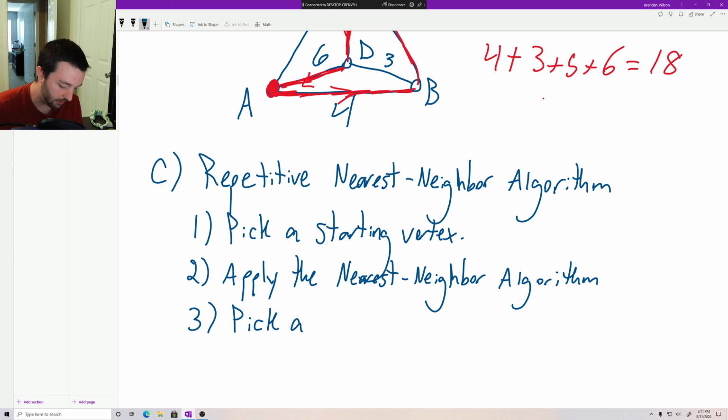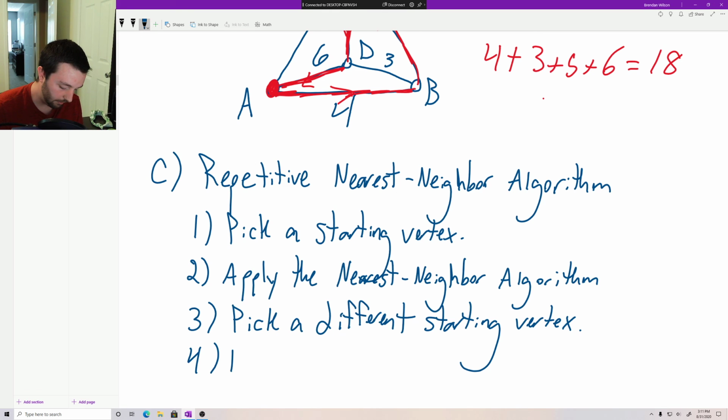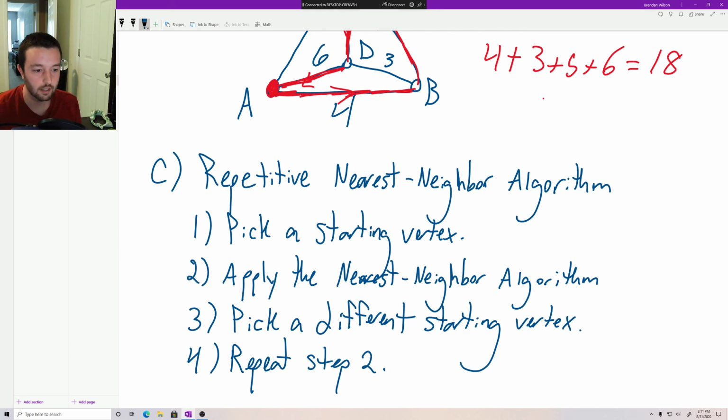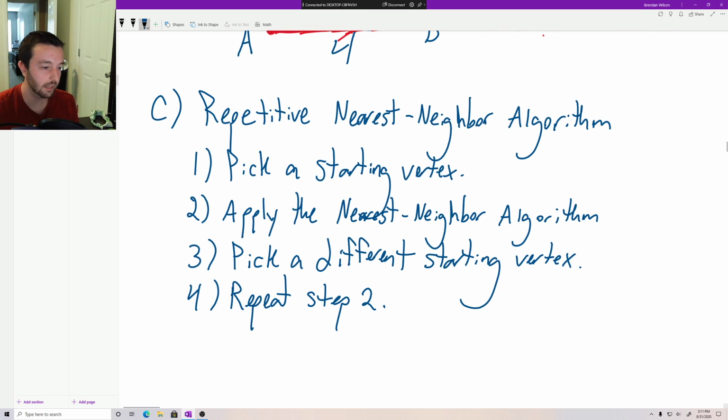Then pick a different starting vertex. And then 4, just repeat. Okay. Repeat step 2. And then you just keep doing it, right? Then you pick another one, and then you repeat step 2 again.